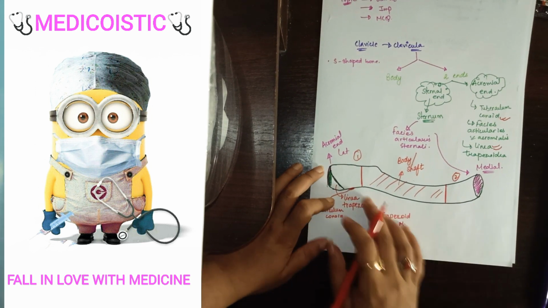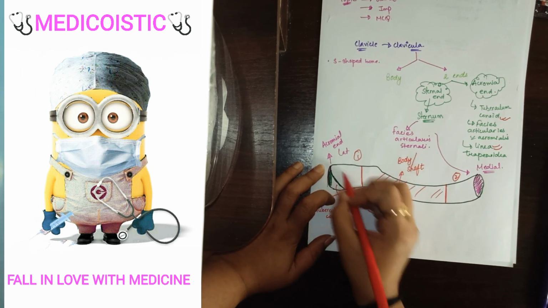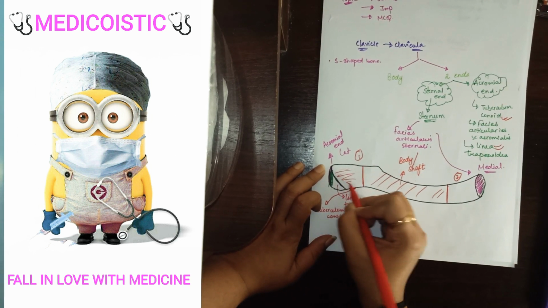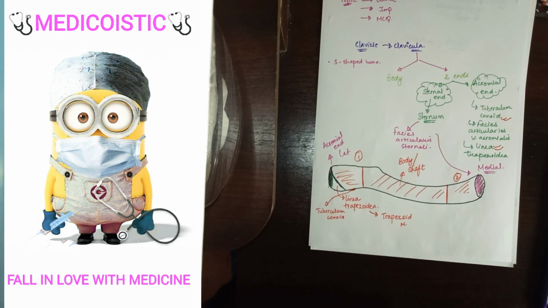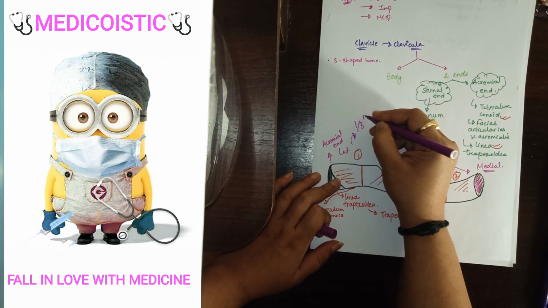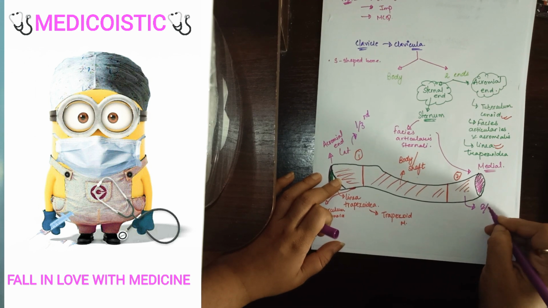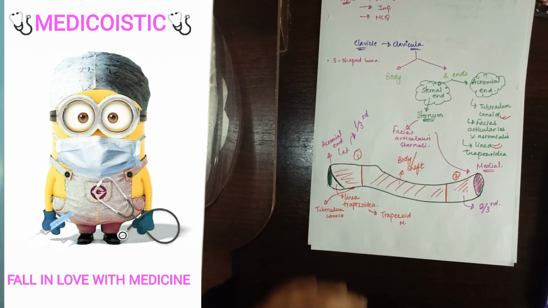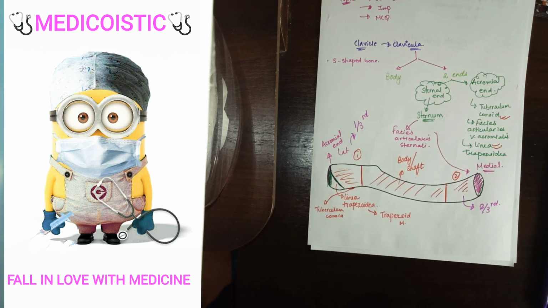Okay, so the most commonly asked question is how much area the acromial end and the sternal end consist of. So the acromial end consists of 1/3 part and the sternal end consists of 2/3 part of the clavicle.